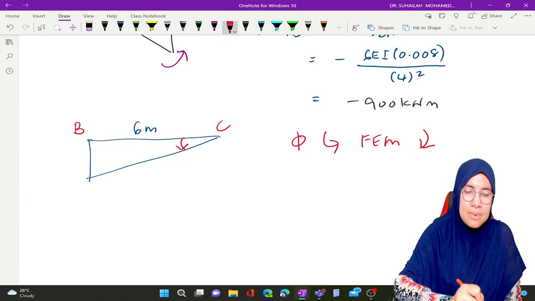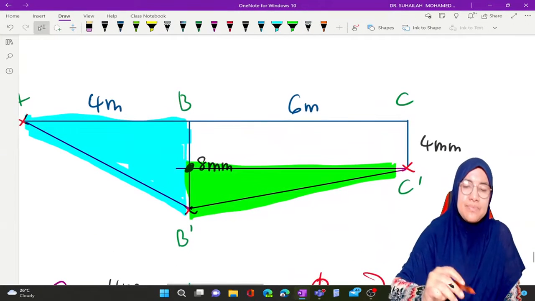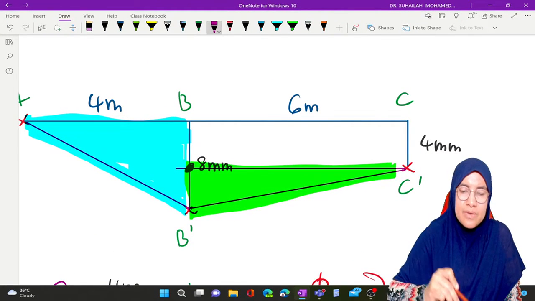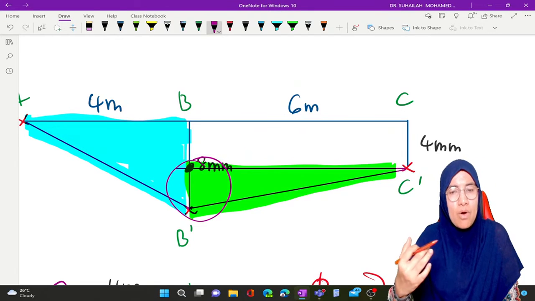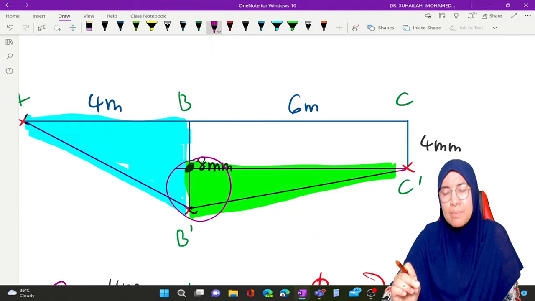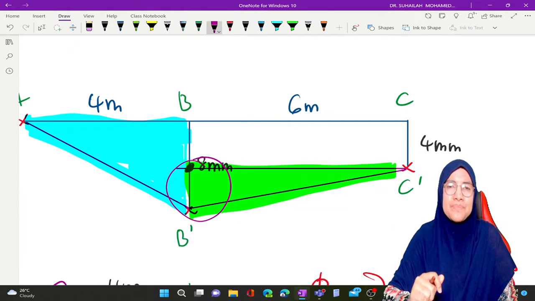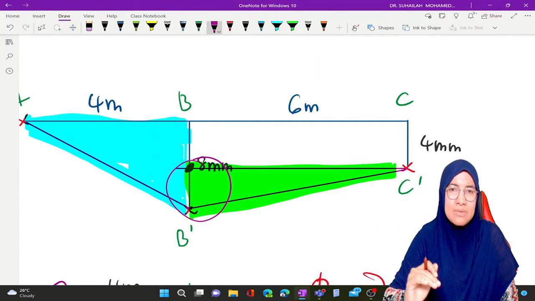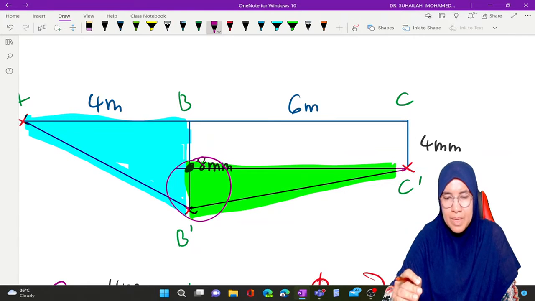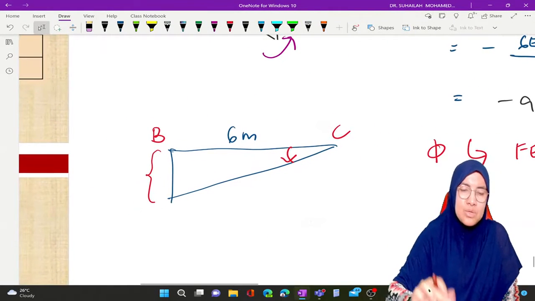What about the height? The delta is the difference, the delta for BC due to support settlement. The delta is not 8, but 4, because we only consider the triangle, not the trapezium. So it is 8 minus 4, which is 4.